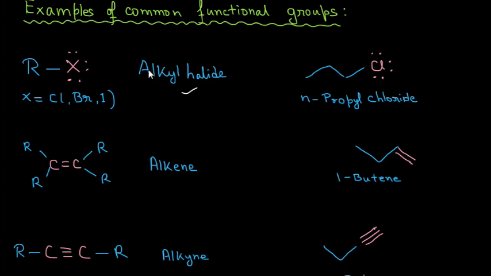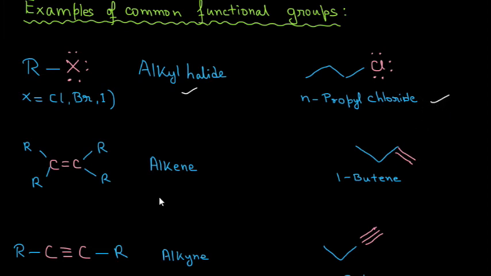If the alkyl is ethyl and the halide is bromine, then it will be ethyl bromide. In our example, the alkyl is propyl, so n-propyl, and the halide is chlorine, so n-propyl chloride.